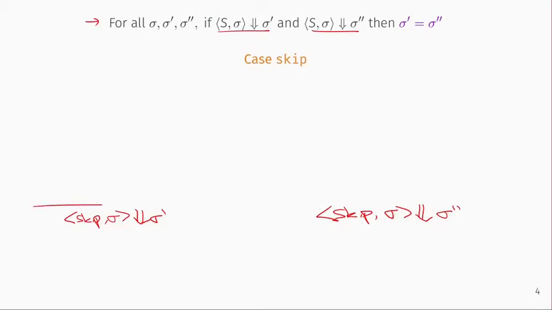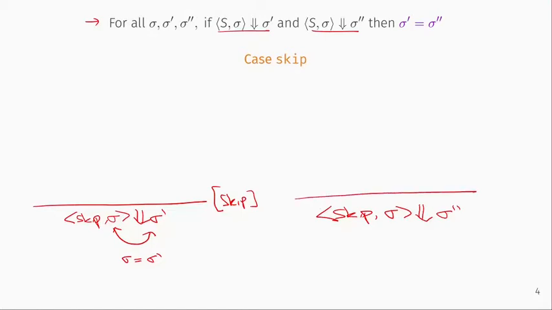In this first judgment, the only rule that we could have applied is the rule for a skip, which says that sigma and sigma prime have to be equal, and in this case we must also have been using the same rule, which forces sigma to be equal to sigma second.